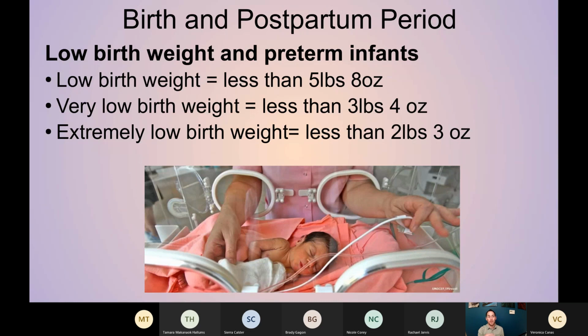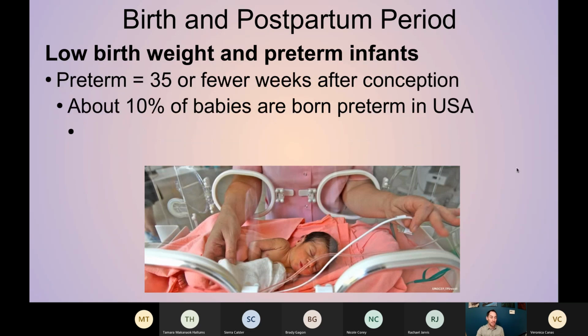It's really putting on those couple pounds in the last couple weeks. So it's very important for its survival and development to have the last bit of that development. So being born preterm or at low birth weight puts you at higher risk for things like infections.